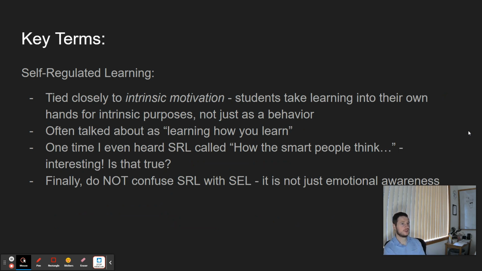So self-regulated learning, just to continue with that definition, is really closely tied to intrinsic motivation, where students are taking the learning into their own hands for personal reasons versus a behavior. In other words, if a student's going to complete an assignment at a high level, they're doing so for reasons that are internal.